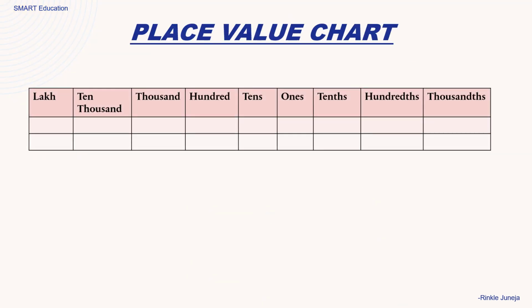Let's try writing numbers in a place value chart. Let's take an example for 4,23,315.620. So how will you write down the place value chart?